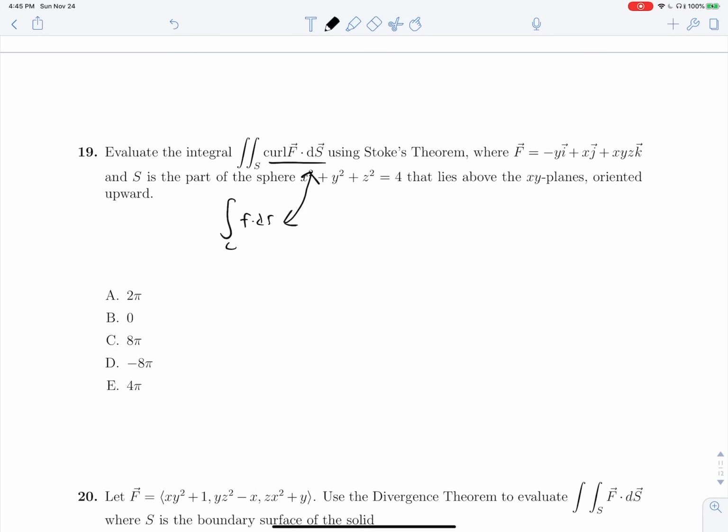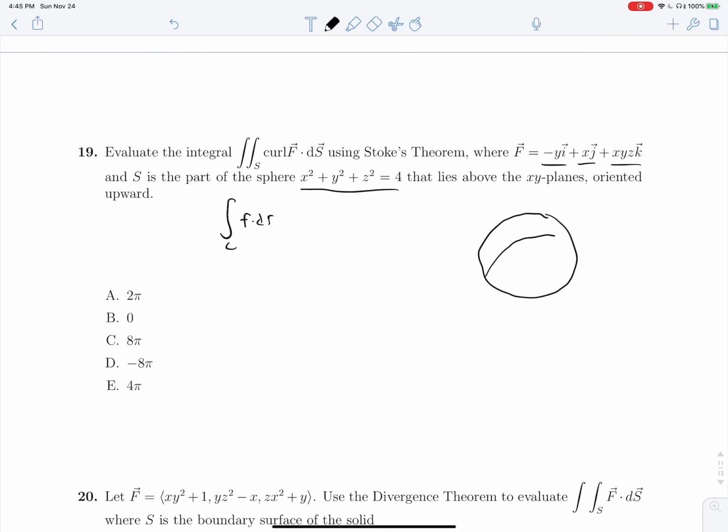So let's see. We have F, which is negative y, x, y, z, which looks like a pain to take the curl of, that's for sure. And yeah, in fact, F dot dr looks like it's going to be easier because we're dealing with the sphere here that lies above the xy plane. So we know that for Stokes' theorem, all we need to do is to parametrize a curve that encloses what we want to integrate over.